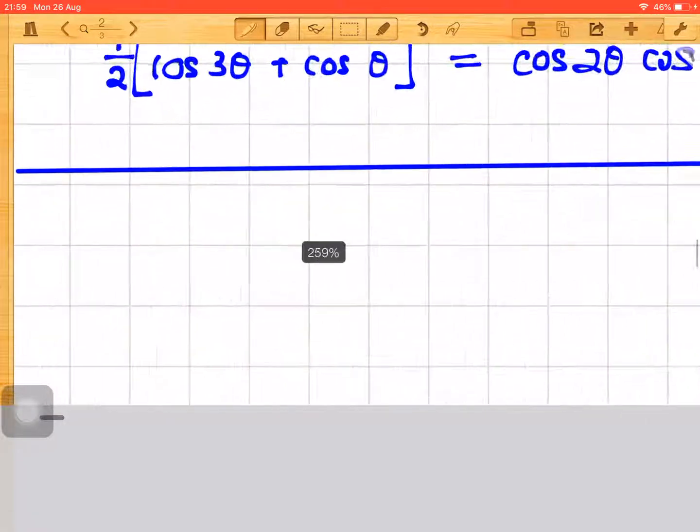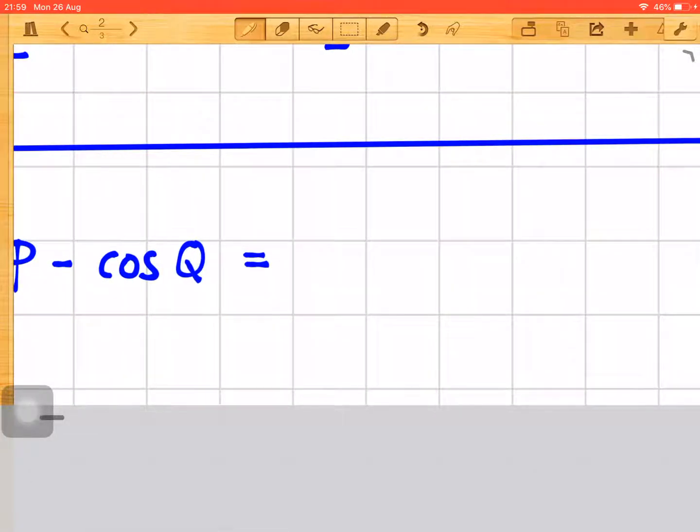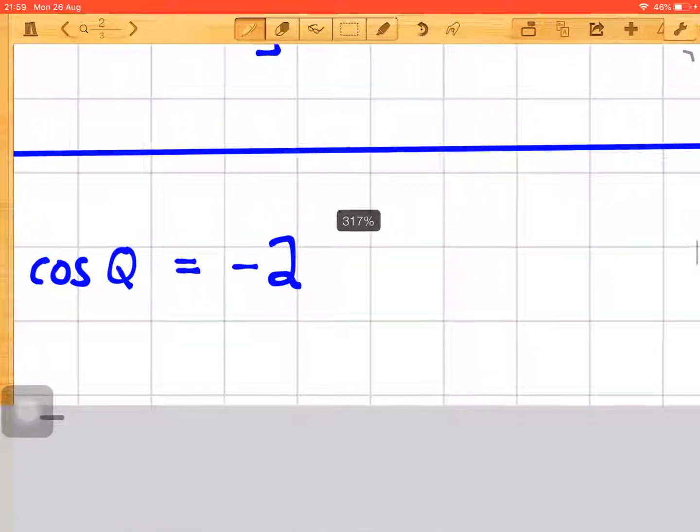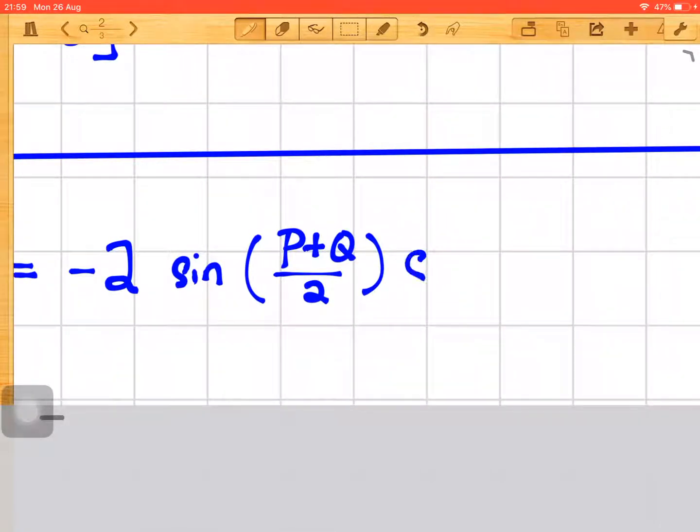Using the formula given, I copy it again. You have cos p minus cos q equals negative 2 sine (p plus q) over 2 and sine (p minus q) over 2.